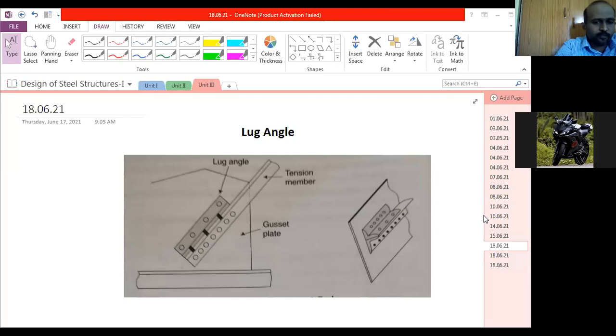If it is coming safe, greater than the design load, then we can say that the design is okay. The given member can be adopted. We can give a suggestion for that. So this is the design procedure we have learned in the previous classes. Am I right? Last class also we have discussed these things.